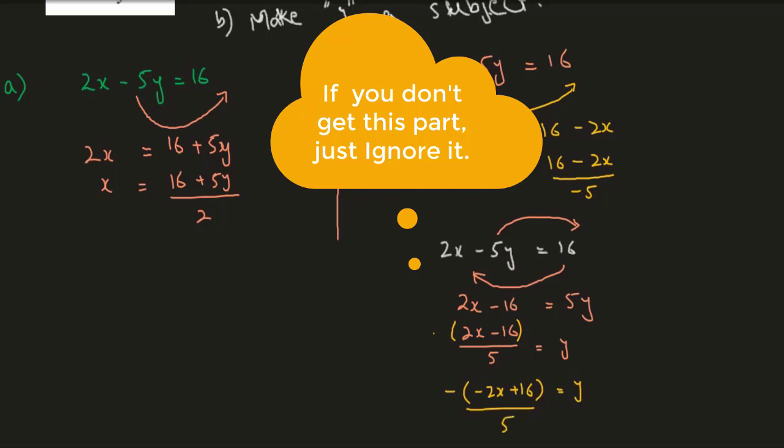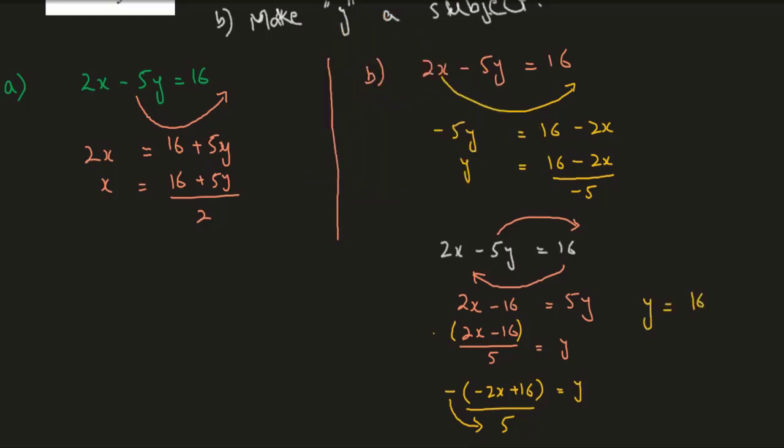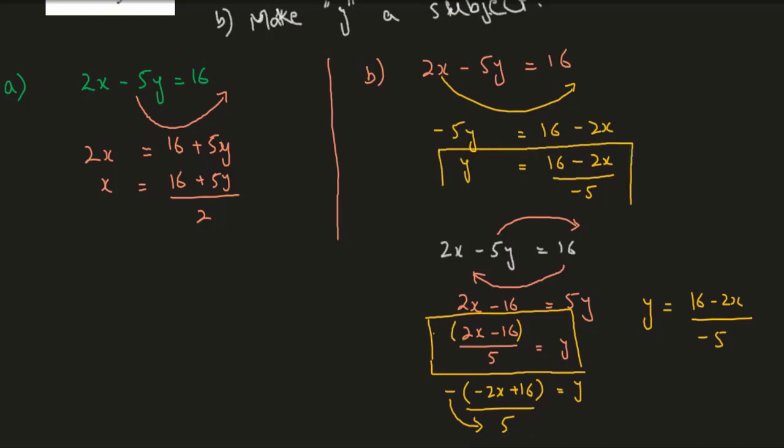So if I put this minus right here and arrange this similar to the other one, y would become 16 minus 2x over minus 5. Let me mark it here. If someone makes y a subject like this, and someone makes y a subject like this, both answers are correct, nothing is wrong. You can do it either way. So let me label it: both are correct.